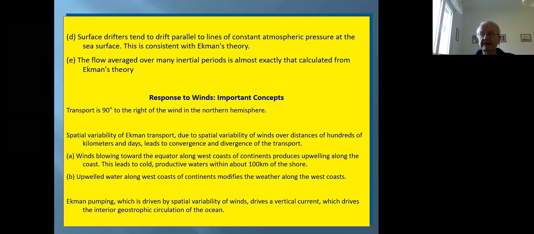And this process where you get the vertical pumping or sucking of the water from deeper layers is called the Ekman pumping. So the pumping of the water due to the divergence or convergence of the Ekman transport, which is on its side associated with spatial variability of winds. Okay, so these are important concepts.